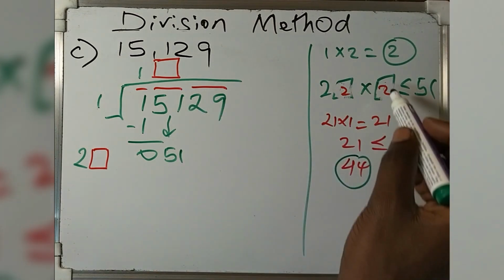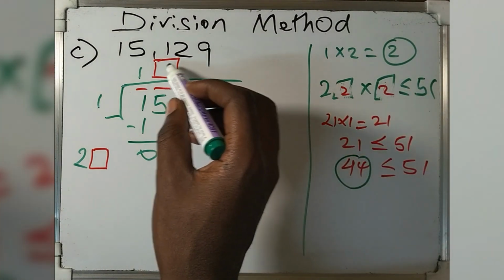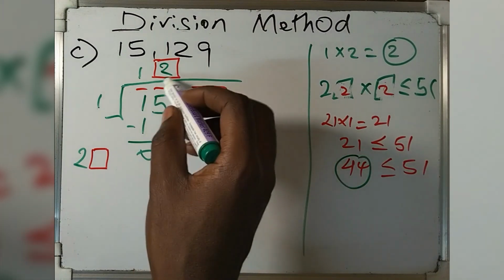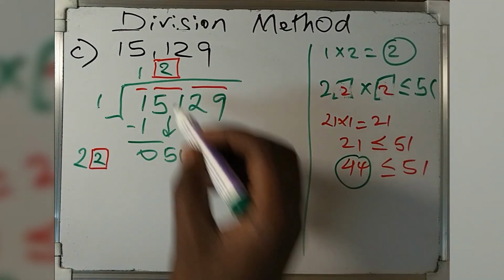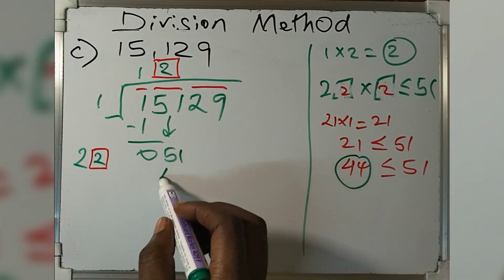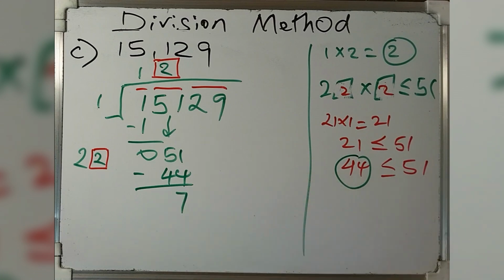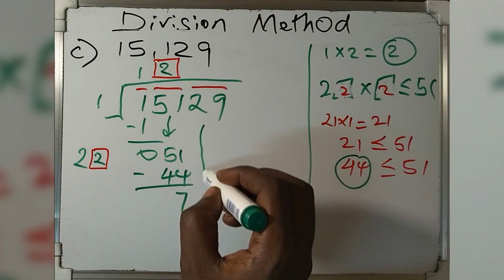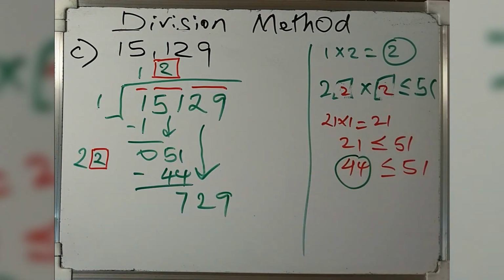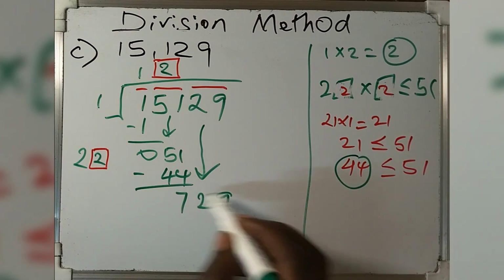So we will place 2 here, 2 here, and you also place that 2 here. So 2 times 22 is 44, and then we subtract: 51 minus 44 is 7. After that, we'll bring down the last group, which is 29, and we'll have now 729.